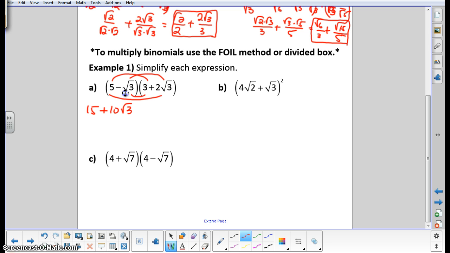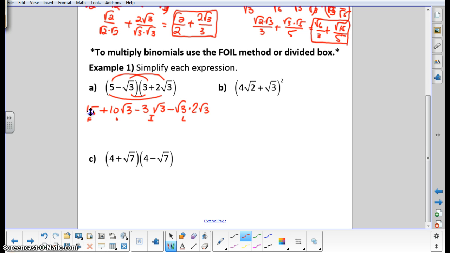The inner terms, 3 times negative root 3, which is negative 3 root 3. And then the last terms, negative root 3 times 2 root 3. So this is the first, outer, inner, and last.